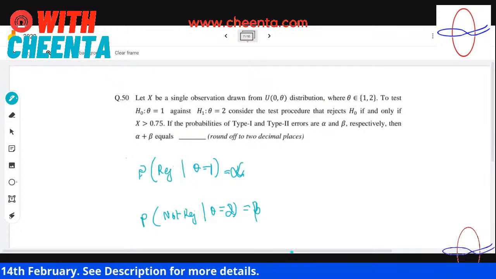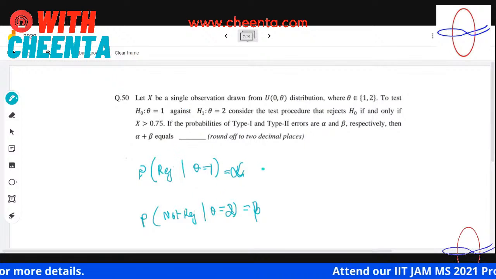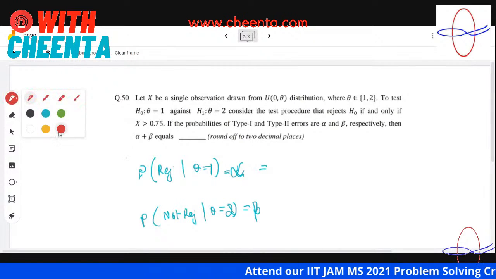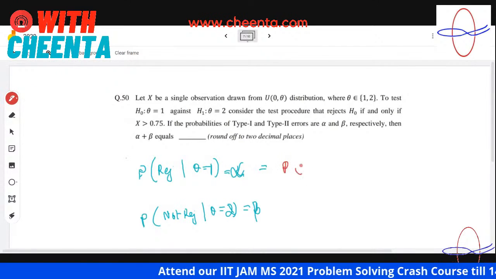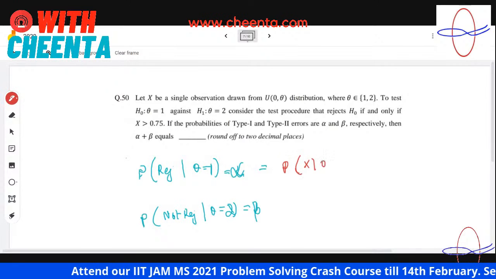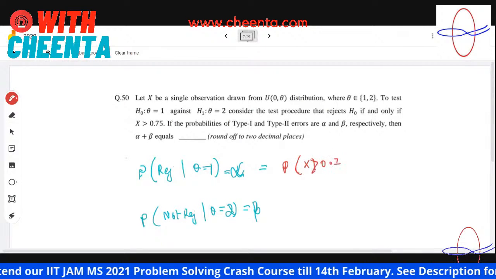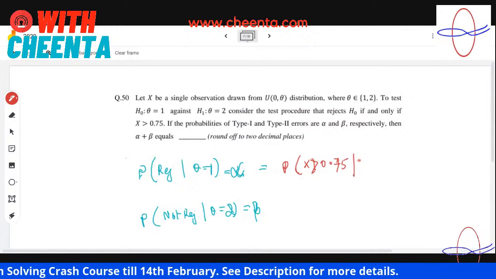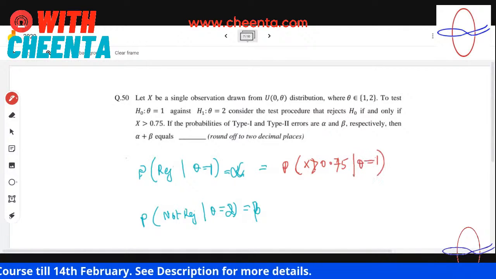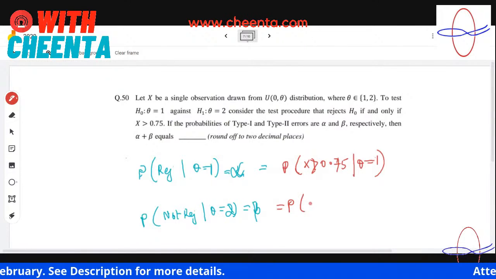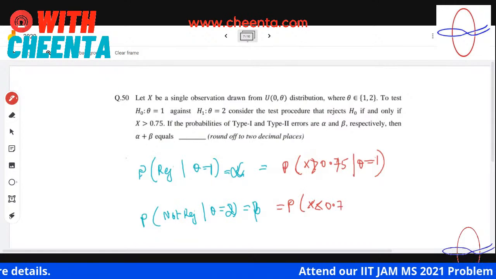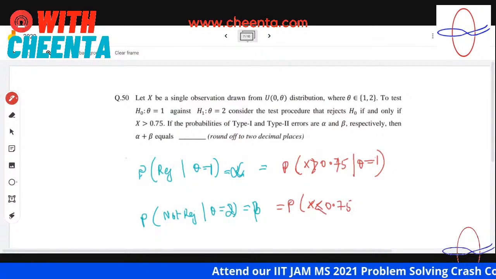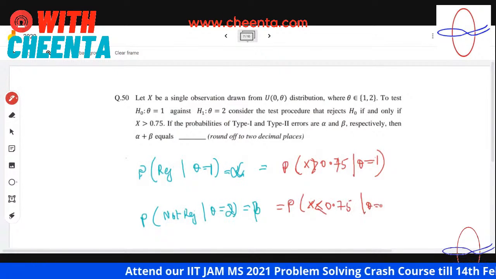Given H1 is true, it's not rejected. Am I right? Yes. So let's calculate it. The rejection region is probability x greater than 0.75 given theta is equal to 1, and probability x less than or equal to 0.75 given theta equal to 2.